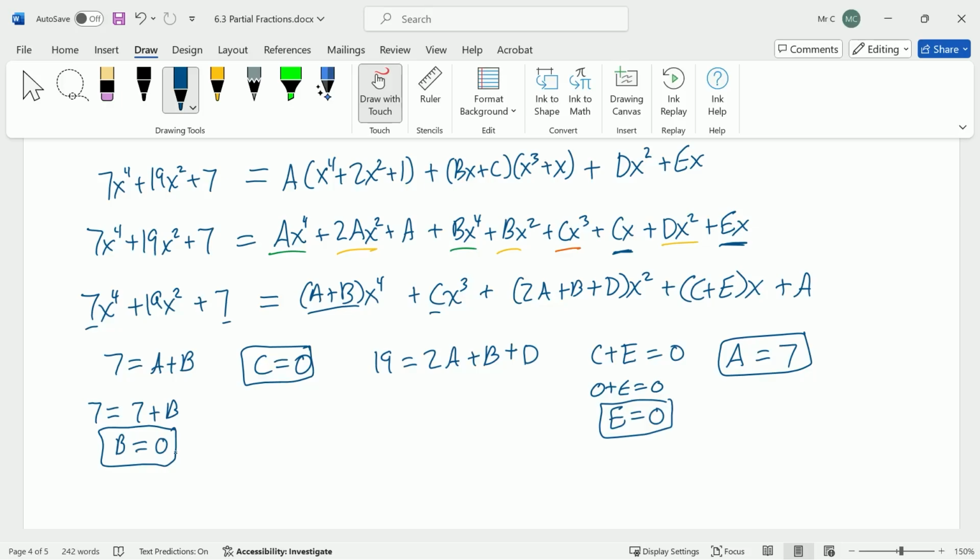So now we've got b is 0, a is 7, and all we're missing is d. So 19 equals 2 times, or sorry, a is 7. Let's try that again. 2 times 7 plus 0 plus d. So that's 19 equals 14 plus d. So d is 5.